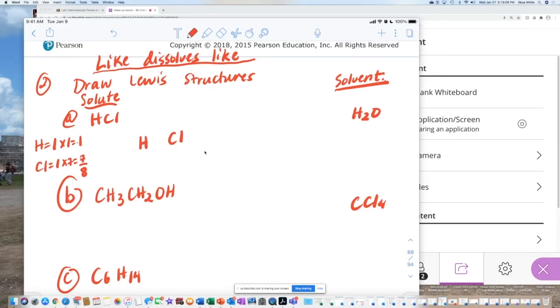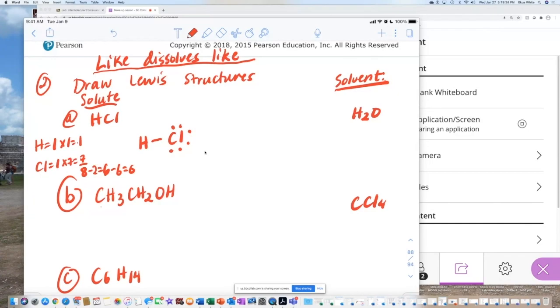I use 2 electrons to form a single bond, minus 2, leaving 6. I use 6 around the central atom because hydrogen can only form a single bond and obeys the duet rule. So I put 1, 2, 3, 4, 5, 6. Minus 6, this is 0. So my Lewis structure is H-Cl and then the 6 dots.